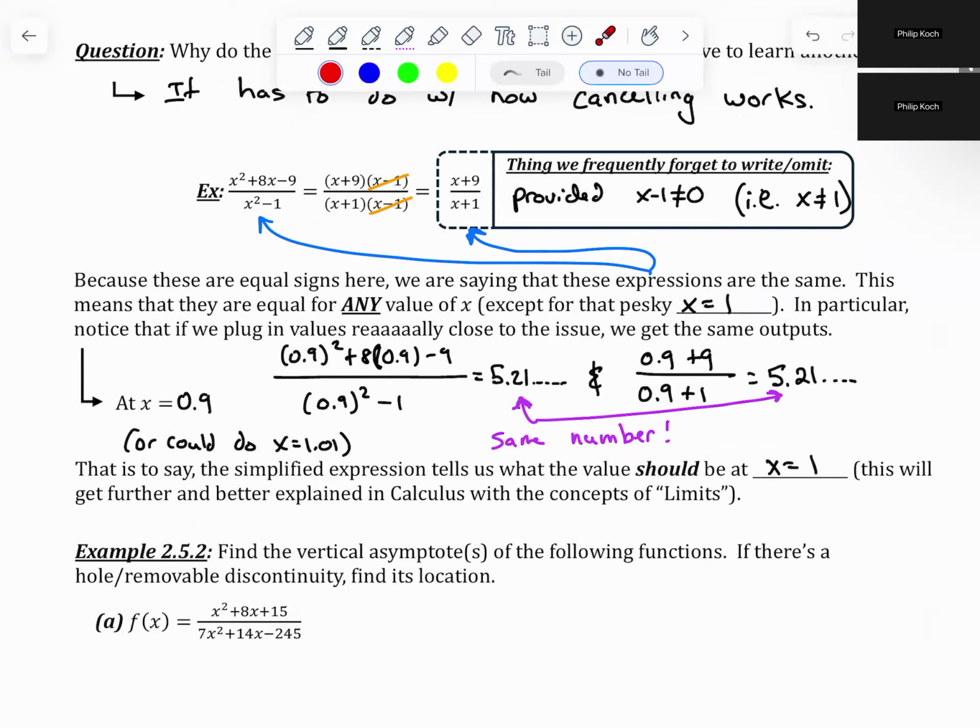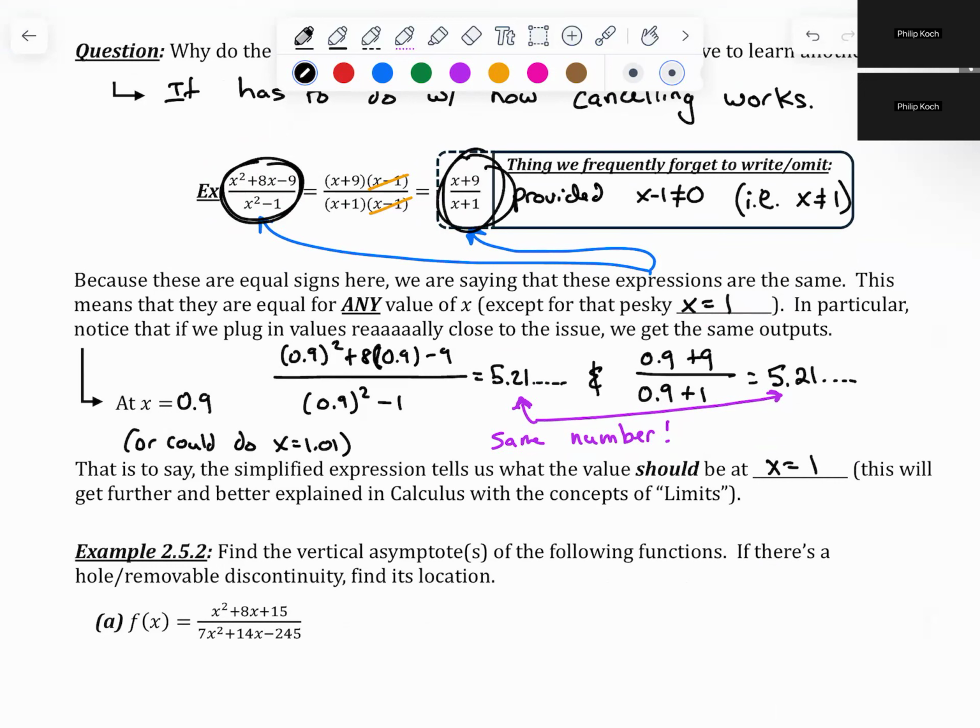These are the same functions. So if I graph them, they gave me the same function. Except they don't exactly give me the same function because of that hole. So remember, at the end of the day, this is a function f of x right here. And so when I plug in an x value, I get a y value. Plug in another x value, get another y value. But because they're the same thing, if I plug in that same x value into this version, I get the same y value.